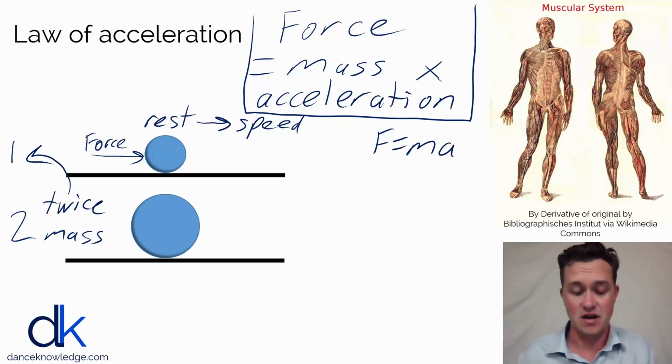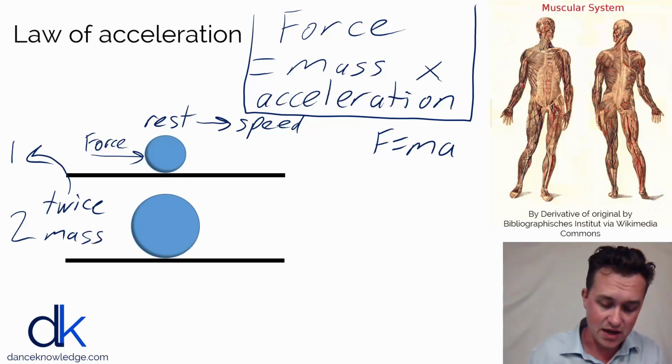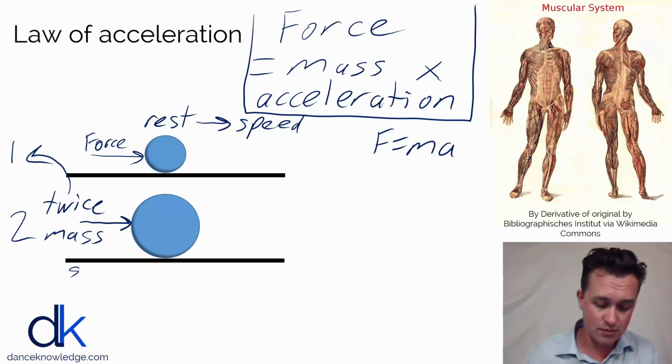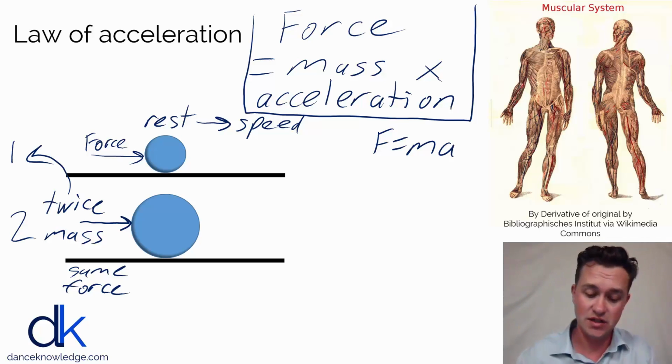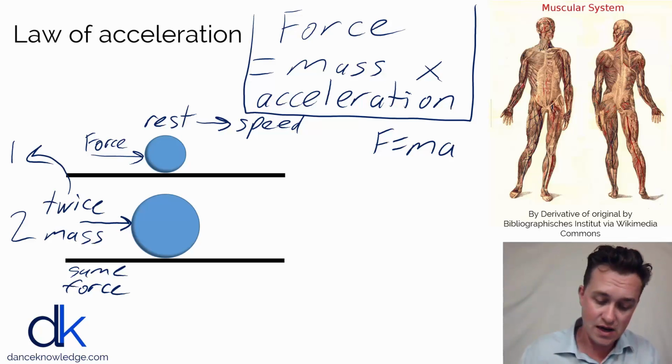So it's double the size. Now if we apply the same force to ball 2, because it is twice the mass, the result is it's going to have half the acceleration.